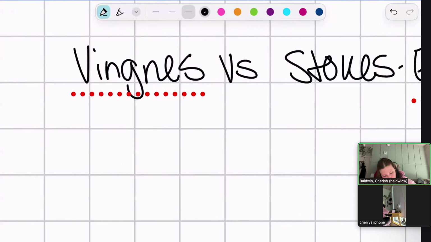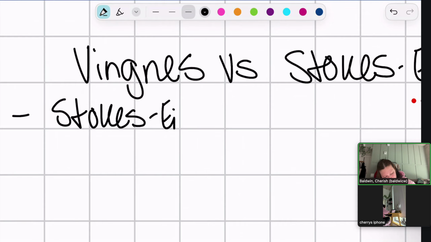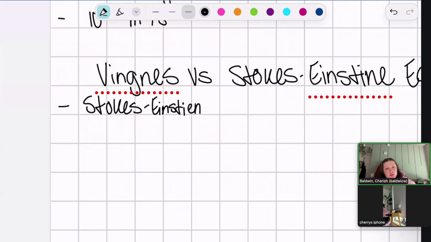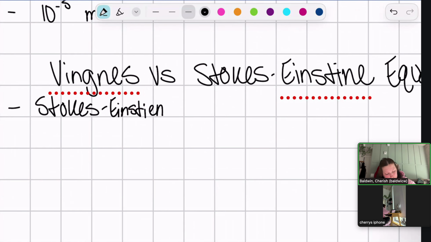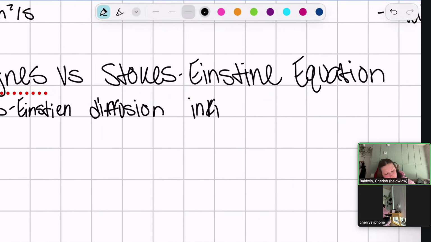So the Stokes-Einstein gives the diffusion for infinite dilution, which means that solute A is very small in solvent B, so it's very, very dilute.